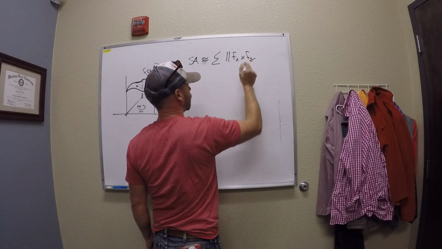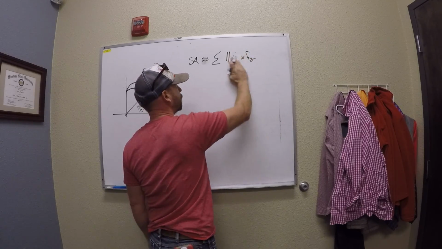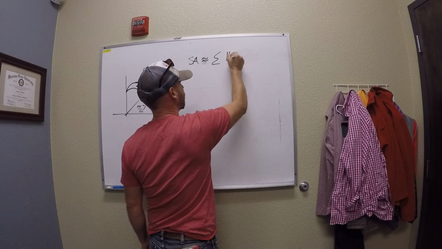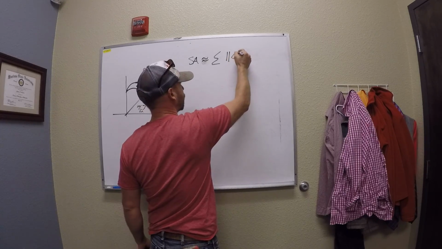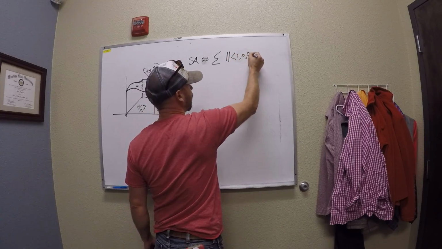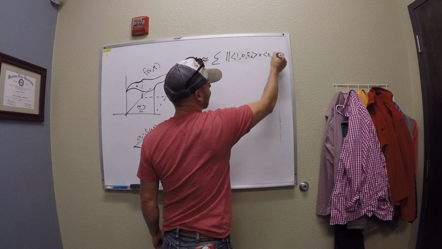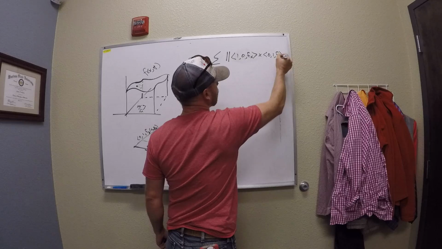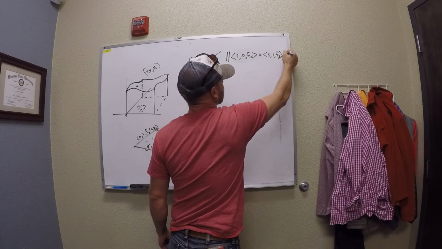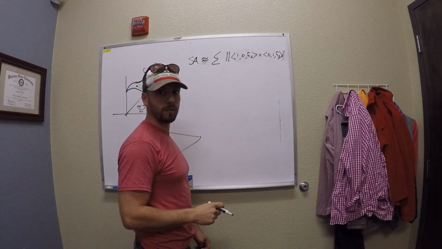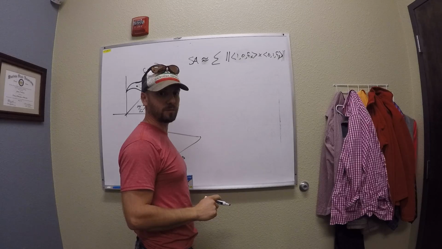crossed with, well, fx and fy aren't vectors, right? So it's going to be the cross product of 1, 0, fx crossed with 0, 1, fy. So I'm going to have to go get all of those from someplace.